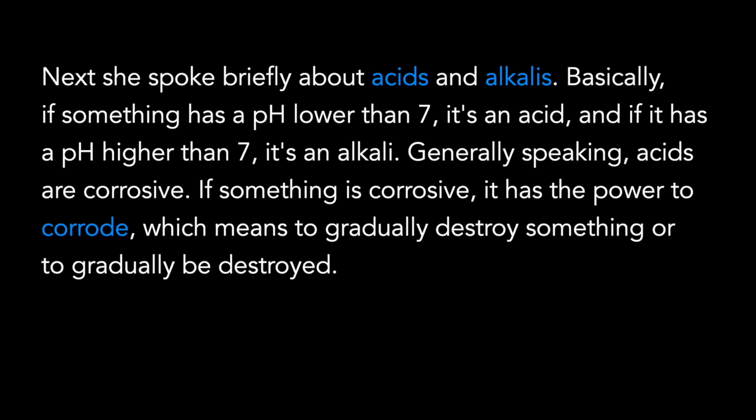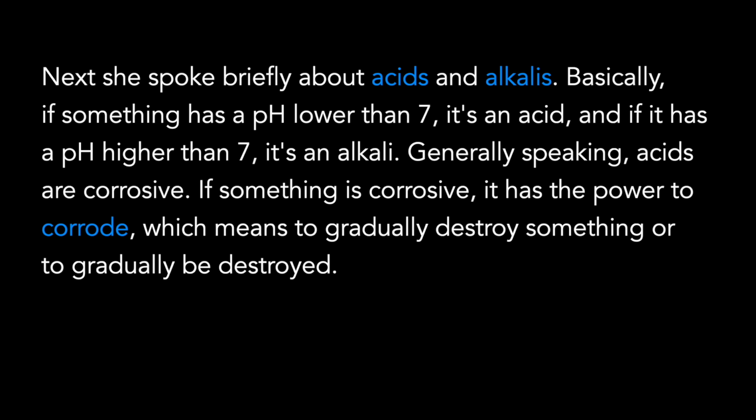Next, she spoke briefly about acids and alkalis. Basically, if something has a pH lower than 7, it's an acid. And if it has a pH higher than 7, it's an alkali. Generally speaking, acids are corrosive.